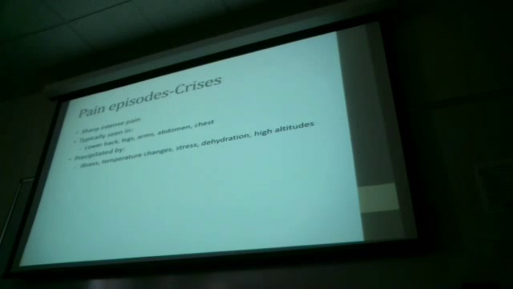Typically it's seen in regions like the lower back, legs, arms, abdomen, and chest, and sometimes it's precipitated by some other event, like an illness, a big swing in temperature, stress, dehydration, or high altitudes. So if these patients are going to take a trip to the Rockies, you probably want to counsel them about what to look for and what to think about before they go. Make sure they're going to stay hydrated, all that kind of stuff.